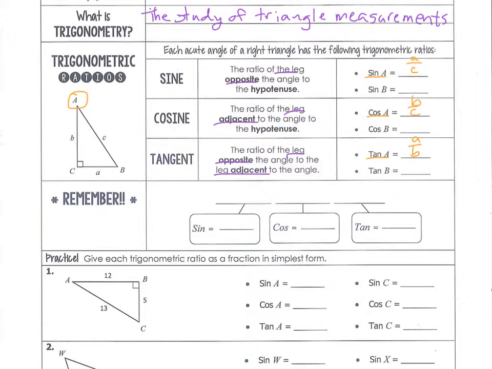Now, you are going to find the sine, cosine, and tangent of B on your own.